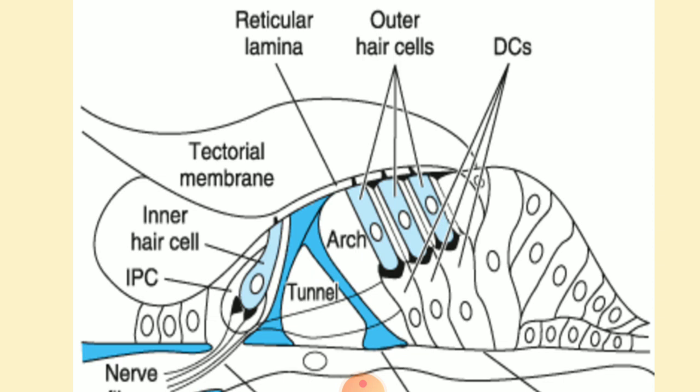Enhanced upward movement of the basilar membrane leads to a fluid current, which allows some fluid to pass underneath the tectorial membrane, which further leads to movement of the stereocilia of the inner hair cells away from the limbus.